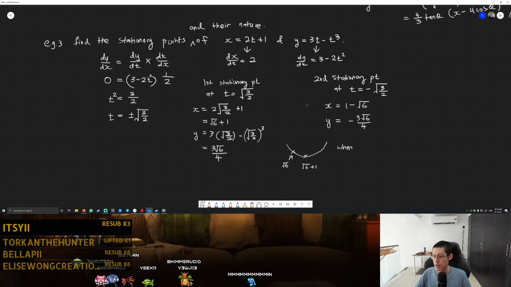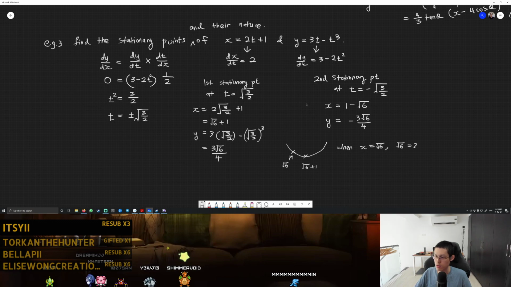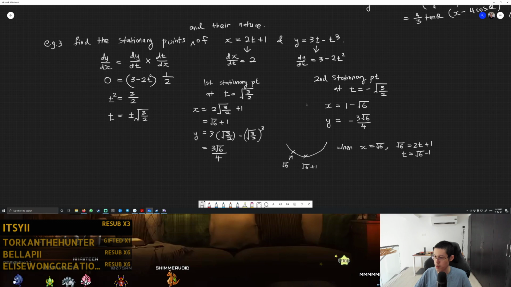Okay, fine, let me do it like this. When x is equal to root 6, that means root 6 equals 2t plus 1. So t is root 6 minus 1 over 2. So using this, we're going to put that into dy dx.